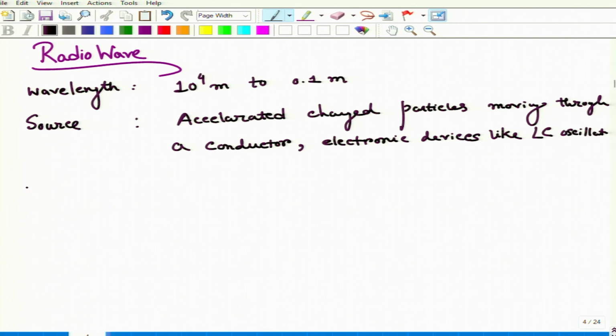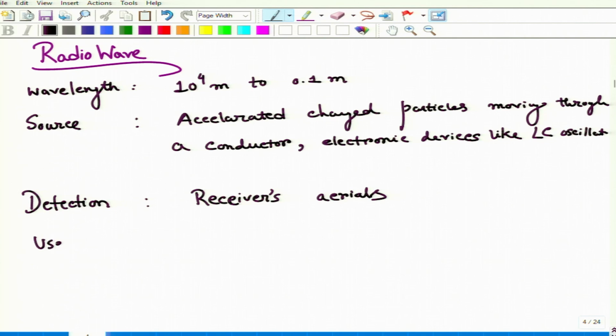And the uses, that is very important. Before uses, detection of radio wave. We can detect radio waves by receivers, aerials.